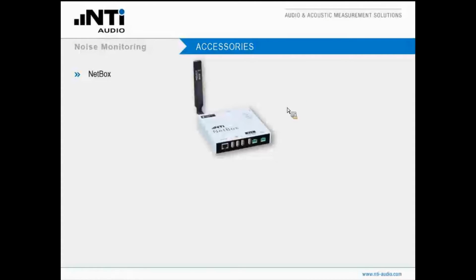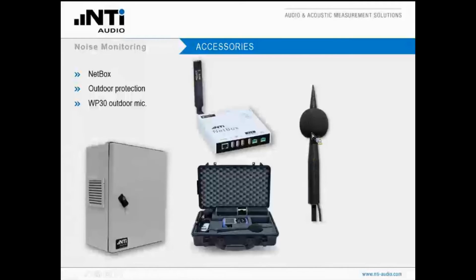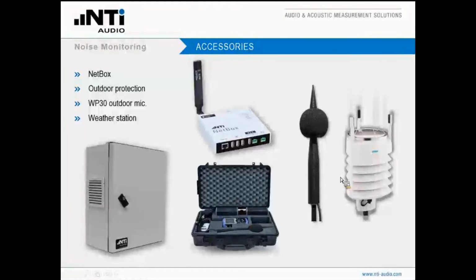You need the netbox as the interface. You need an outdoor protection, either be it a cabinet or such a case, depending on what you prefer. You need the weather protection for your microphone, and optionally you can also connect a weather station to the noise monitor. This is a new feature that we have implemented recently. So this allows you also not only to log the sound levels, but also wind speed during the recording period.